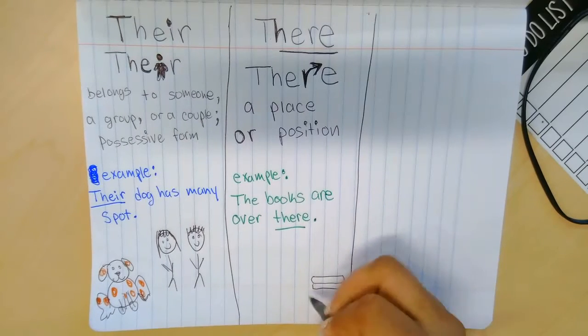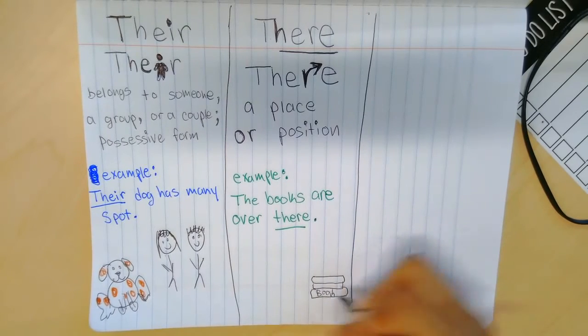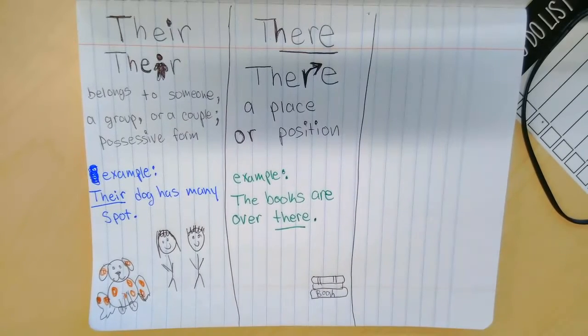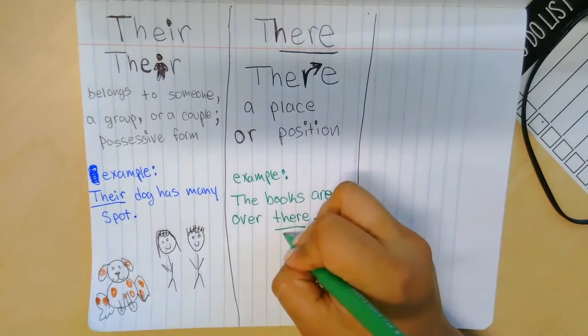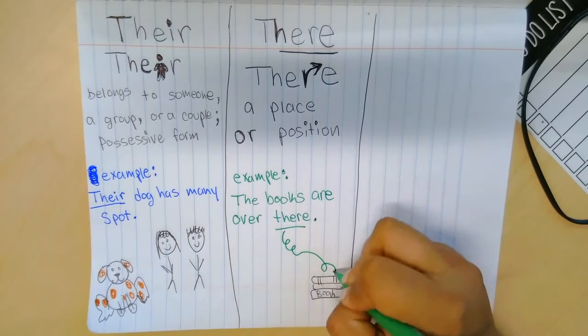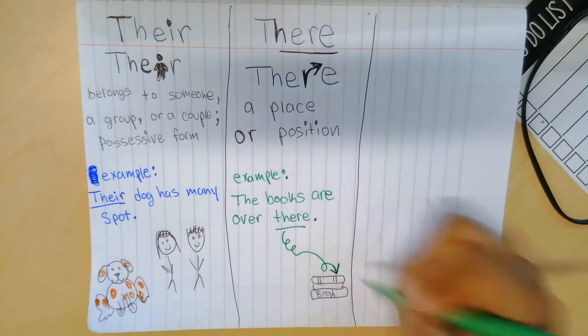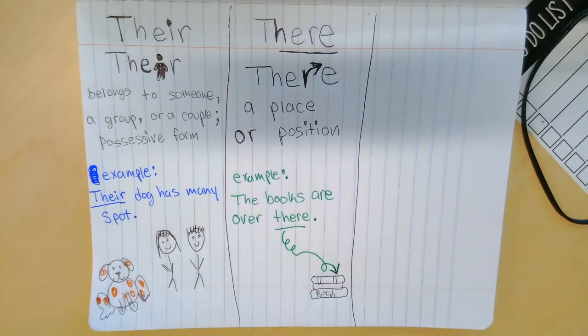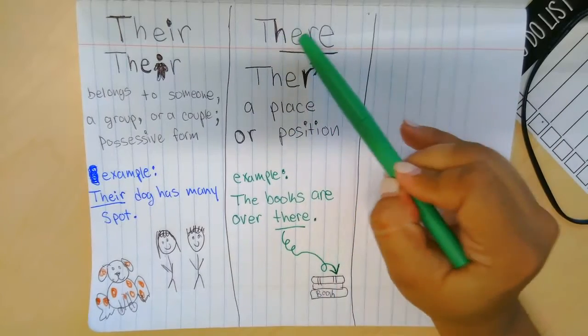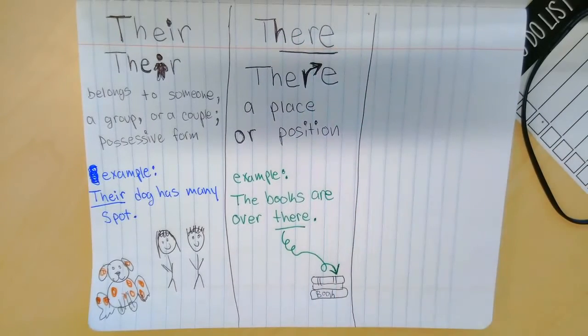And then I'm going to draw an arrow to the books in a second. Okay. I'm going to draw an arrow to the books. So the books are over there. There means a place or position. T-H-E-R-E. A place or position.